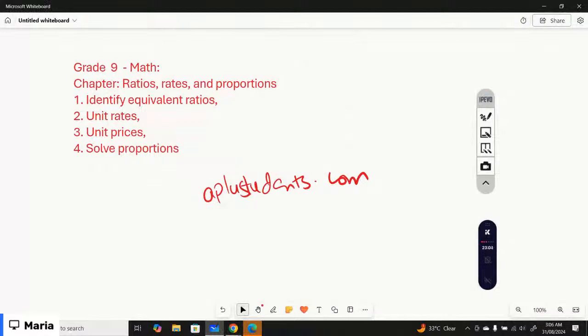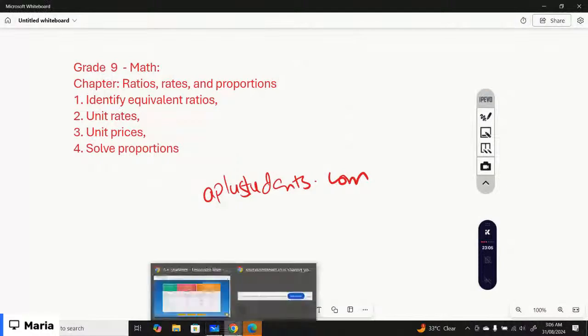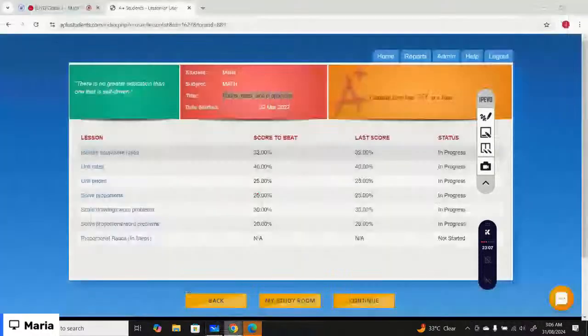Okay, let's just start with the test questions. So here I am on grade 9 math. The chapter we're going to start with is ratios, rates and proportions. Let's start with the first lesson, that is identify equivalent ratios.